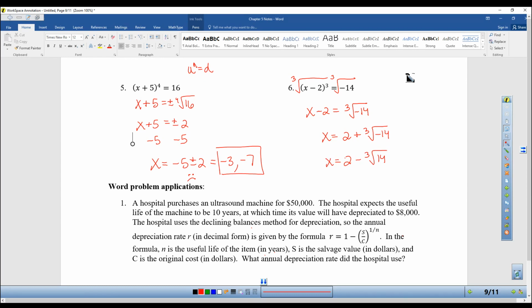And here's why you can do that. Think about things that are perfect cubes. The cube root of negative 1 is negative 1. The cube root of negative 8 is negative 2. The cube root of negative 27 is negative 3. I don't know what the cube root of 14 is as an actual number because it's going to be a decimal of some kind.